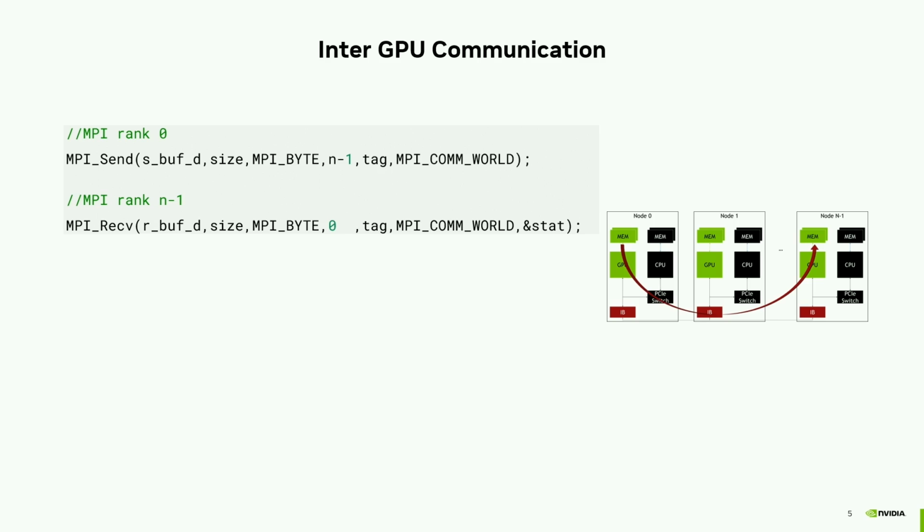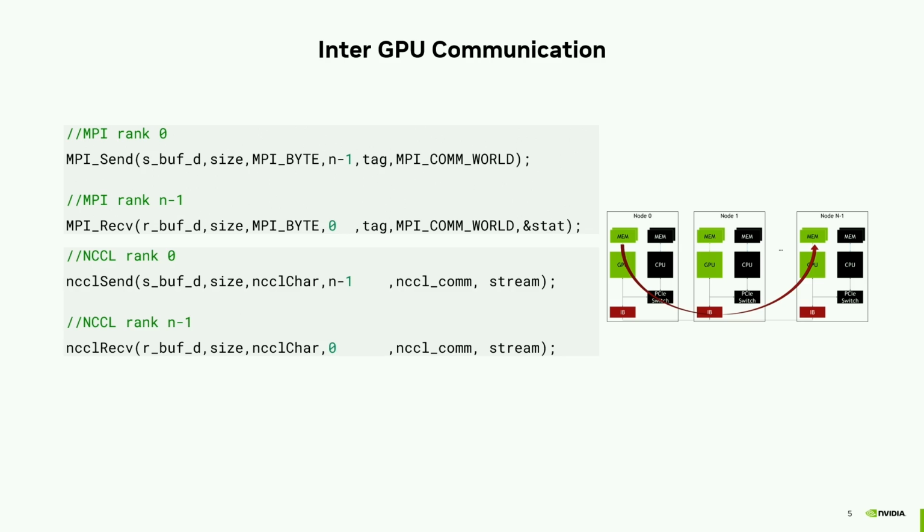At a high level, with MPI, the two-sided communication part of the API looks like this: the rank that has the data, which in this case is 0, calls MPI send on the array in GPU memory, and the GPU that accepts the data calls receive. With NCCL, this looks very similar.